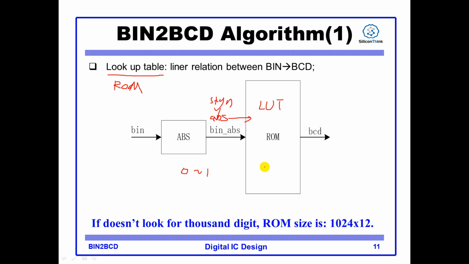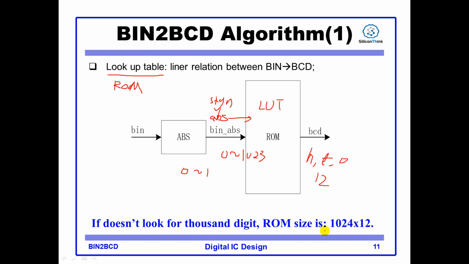Then if you omit this part, then the ROM size will be 1024 by 12 bits. Yes, we just look for the 100, tens and ones digits. So the output is 12 bits and the input will be in the range of this, this is the range for the absolute value.